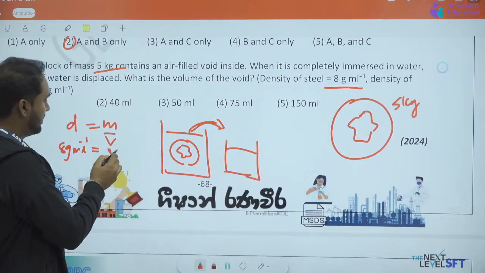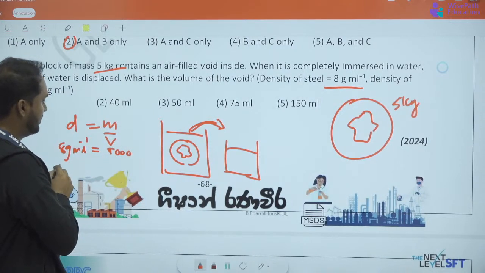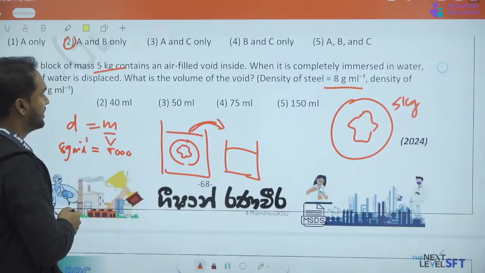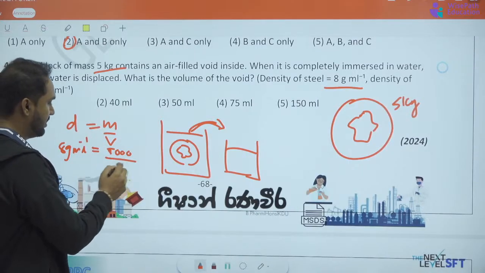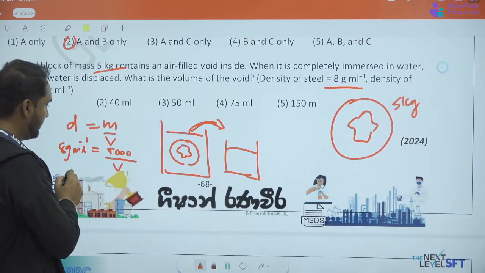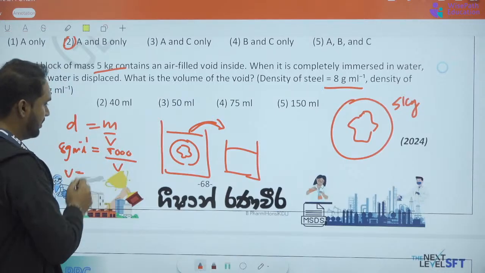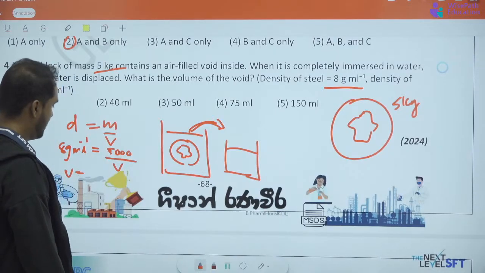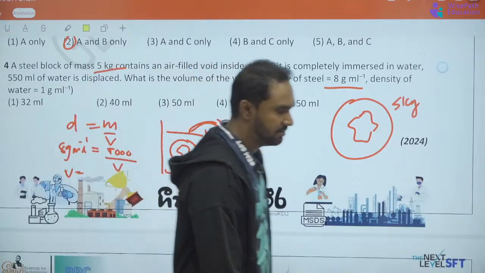And the mass, let's take it as 5000 grams, because the density is in grams, so I have to put the mass in grams as well. So 5 kilograms is 5000 grams divided by volume. By this we can find the volume. How much is 5000 divided by 8?